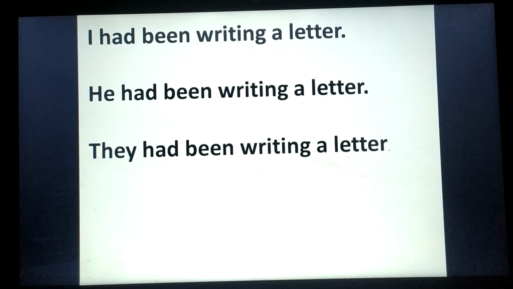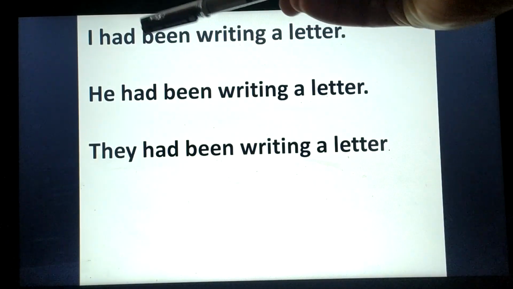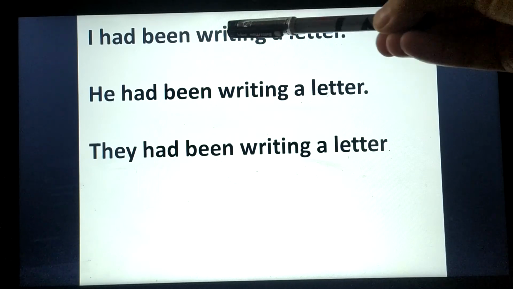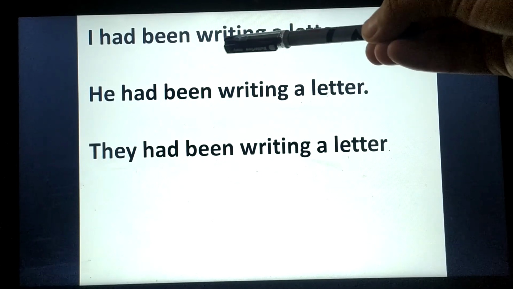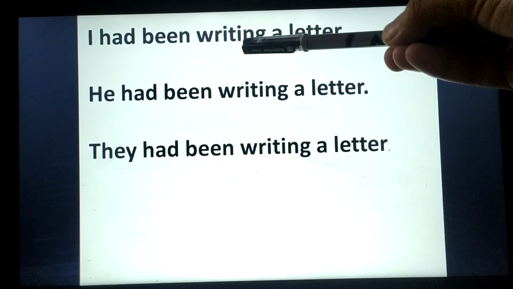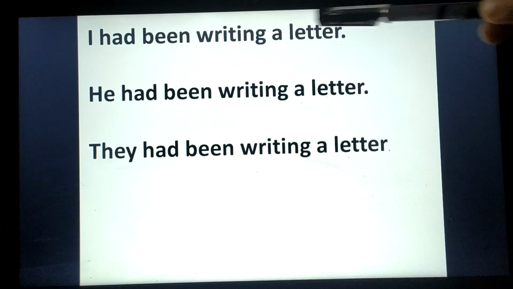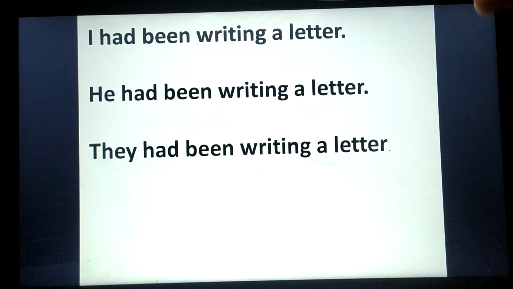If I look at I had been writing a letter, with I I have used had been here. Got it? Helping verb had been. And in case of main verb, write plus ing means verb's first form and ing, right? Writing and then the object. So I had been writing a letter. This is the complete sentence.